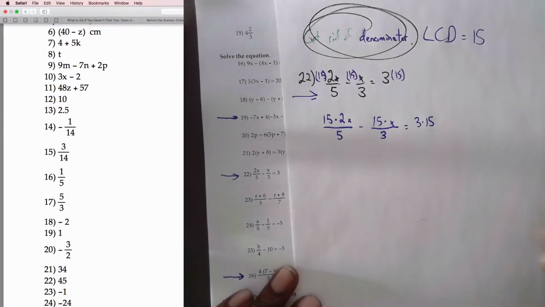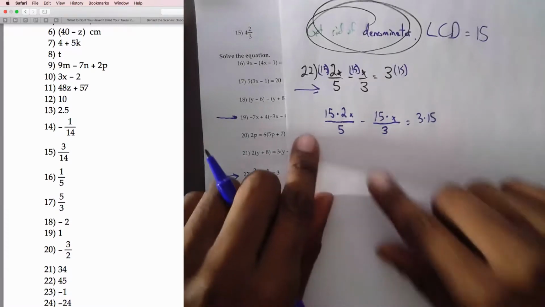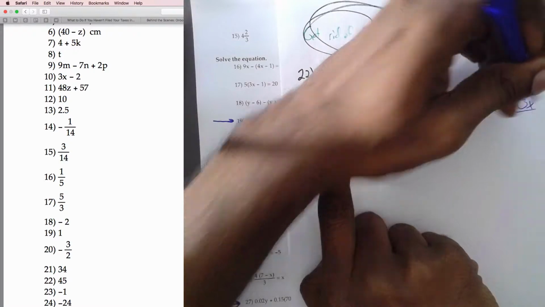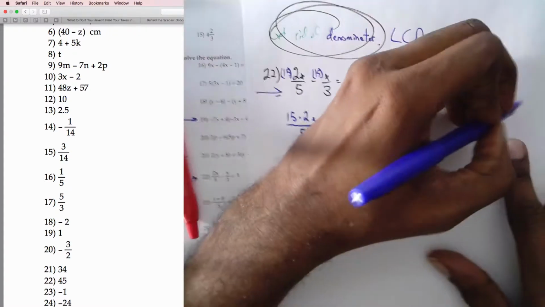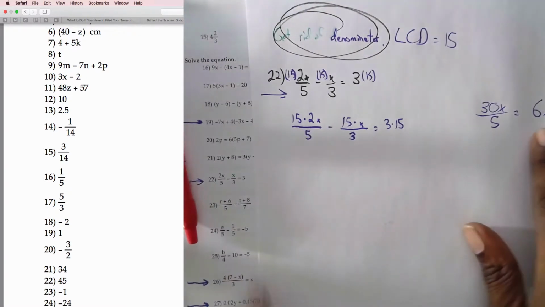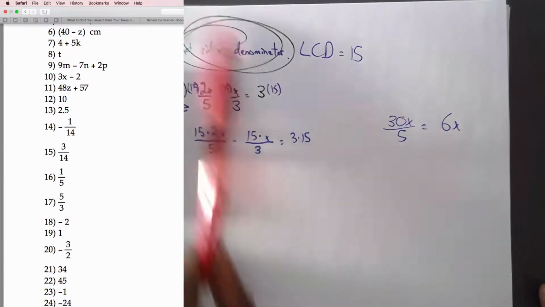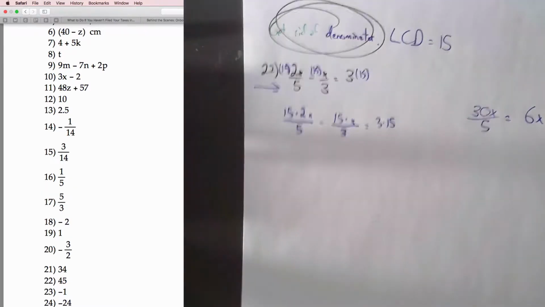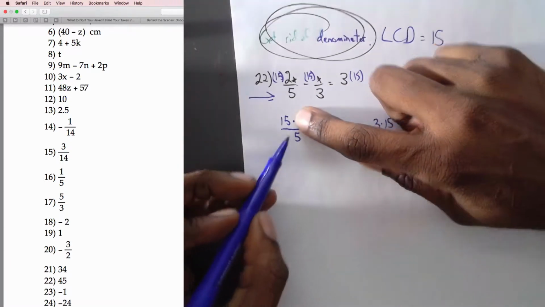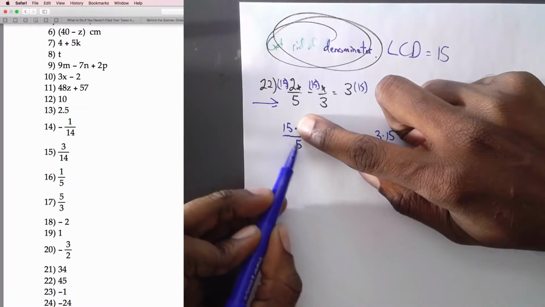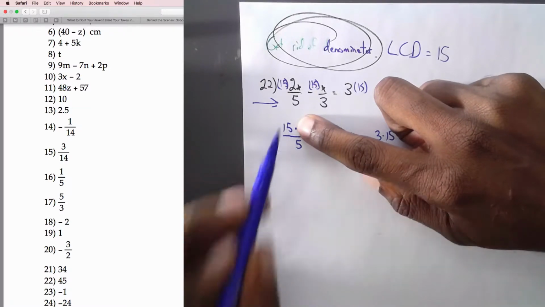Why? Because I can simply rewrite. Now I'm going to put an extra step in here. It's not necessary to put the extra step in here. Some people may say 15 times 2 is 30 and put that 30x and put it over 5, and they may do it that way. But I'm going to teach it. So that's one way to do it. But the idea though is that you would cancel at this level here, and that you would say 5 goes into 5 one time and 5 goes into 15 3 times.